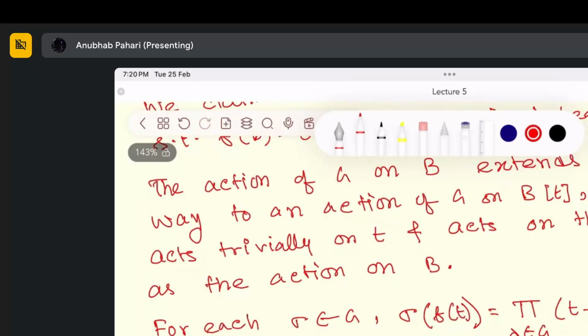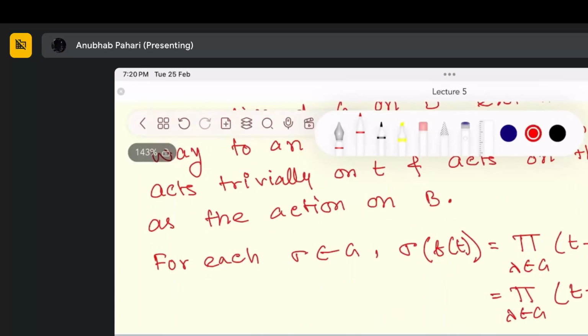So it follows that all the coefficients of f(T) are G invariant and so lie in B^G.